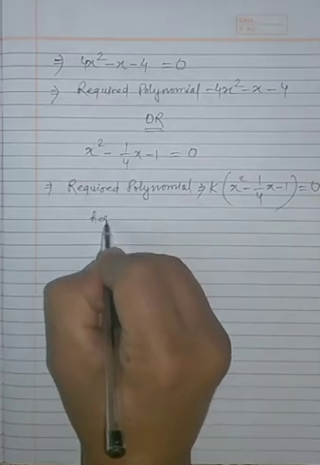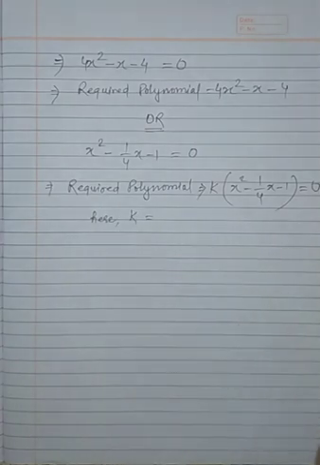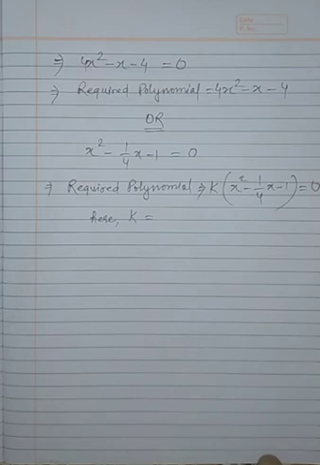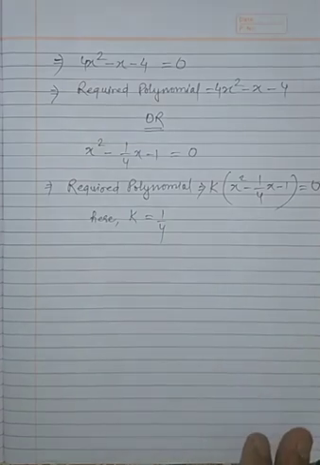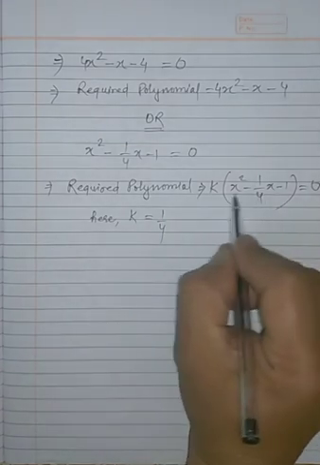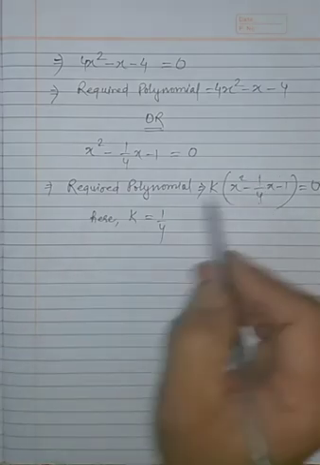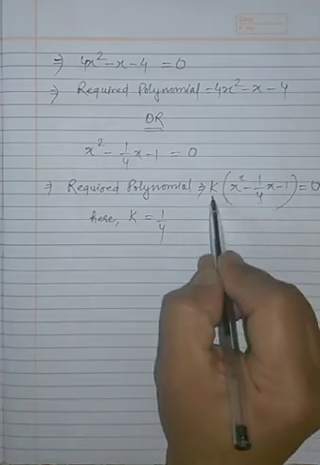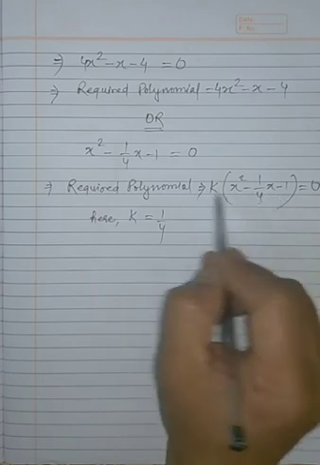And here k represents the value which we had got. What was that value? The value is 1 by 4. Because if you take the LCM of this whole part, we got the LCM 4. So this 1 upon 4 will be the denominator for the whole equation as we have done it.